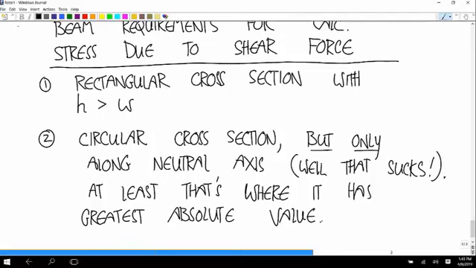Okay, so notice what's happening here. We didn't have any restrictions on the stresses we could calculate due to tension compression. But for the bending moment, we had some pretty strict requirements. And now for shear force, we have some strict requirements. And so if you're looking for beams where we're going to be able to calculate the entire stress tensor, we're going to have to take the intersection of all of these requirements.